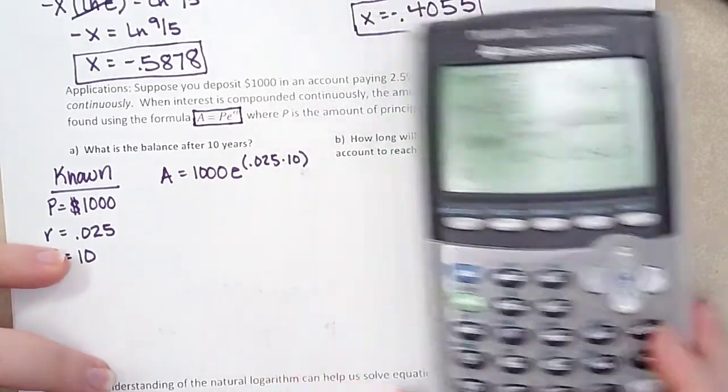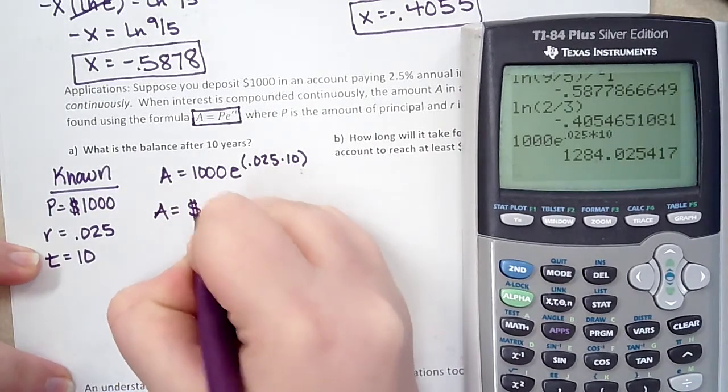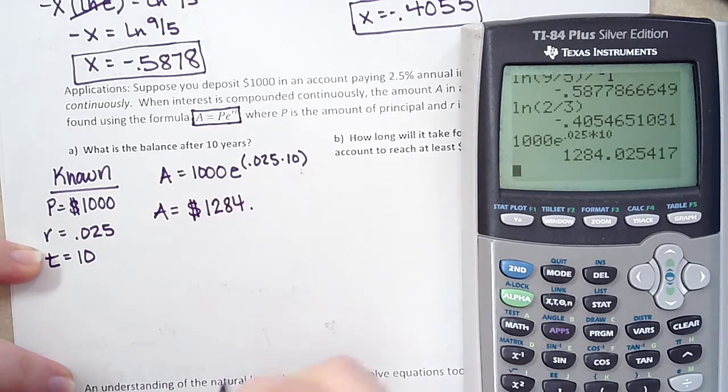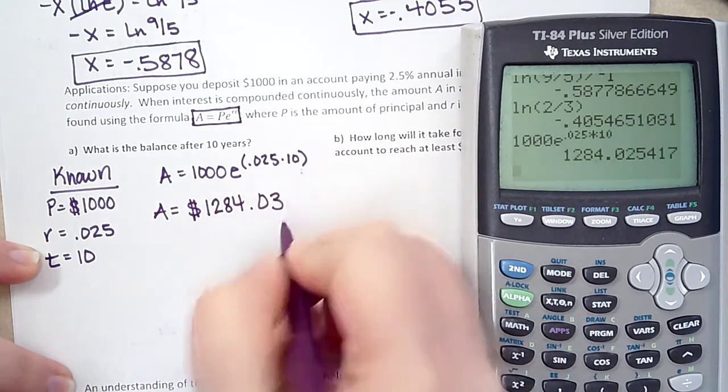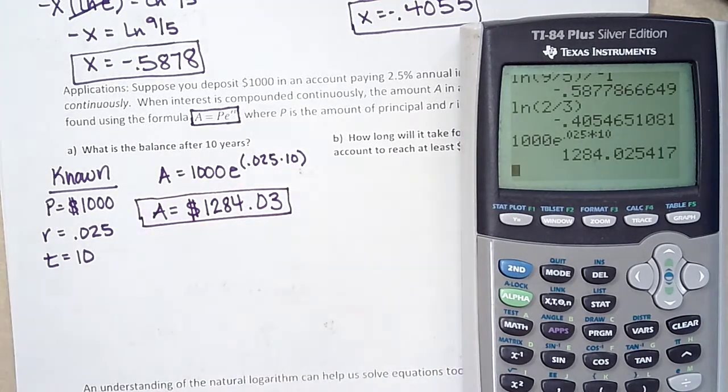And I get back a value of A equal to 1,284.03. And this one I do have to round appropriately because we don't use 4 decimals when we're talking about money. So please be aware of the situation you're working on there.